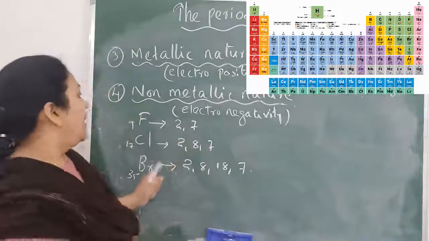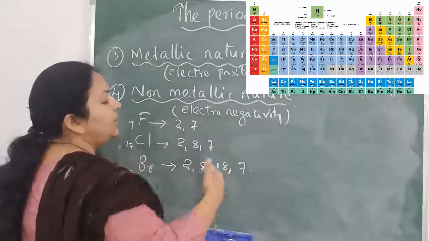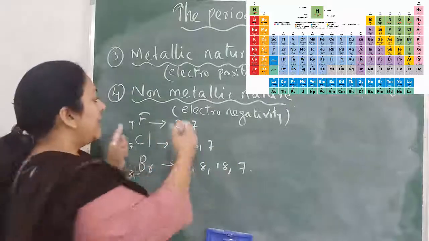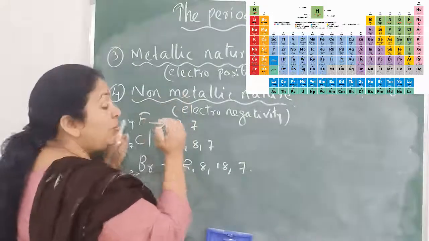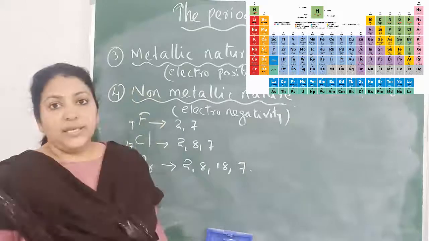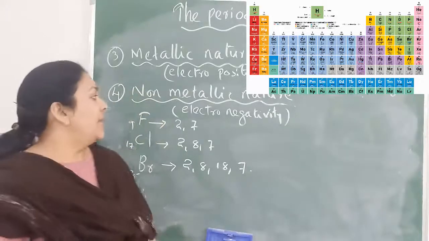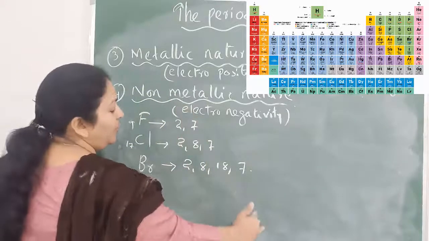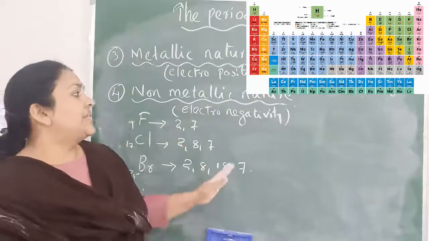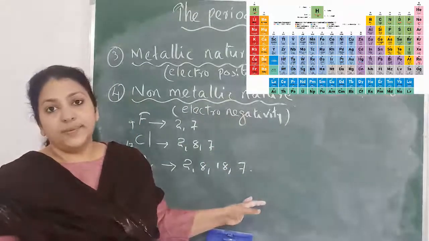Okay. Now the ability of the atom to attract the incoming electron decreases as we move from top to bottom, as the size of the atom increases. Is it clear to you? Okay. Therefore, in a group from top to bottom, the electronegativity decreases.